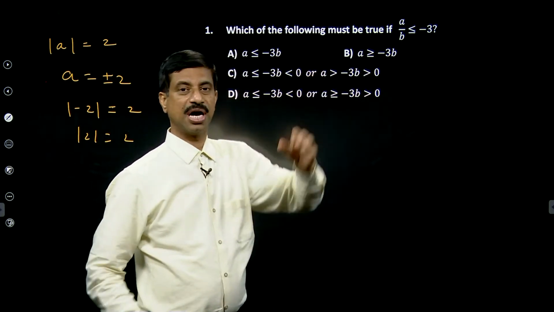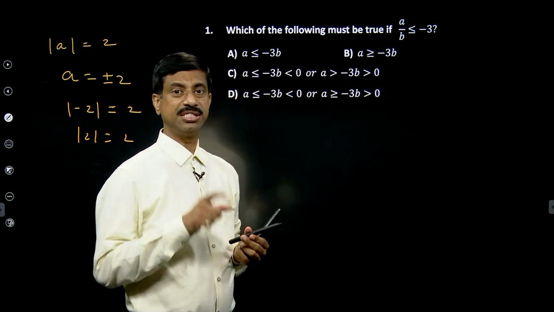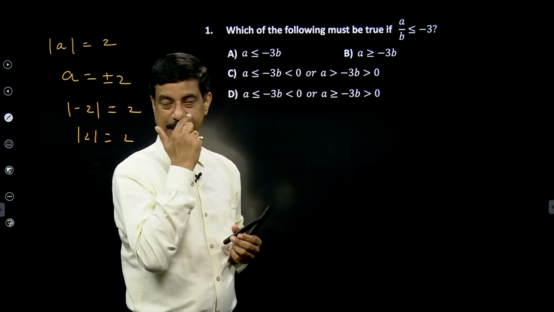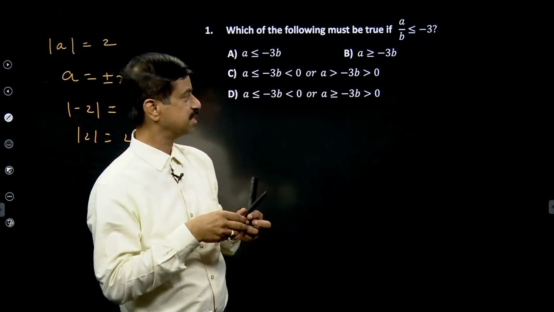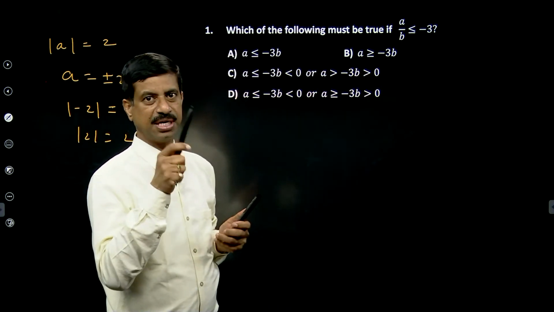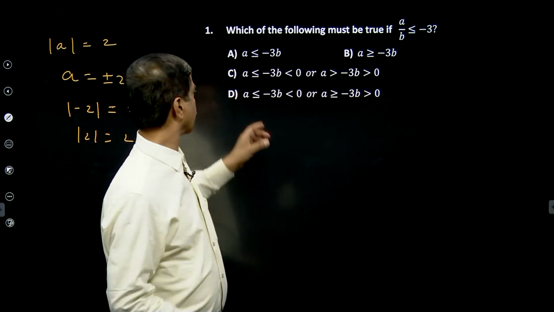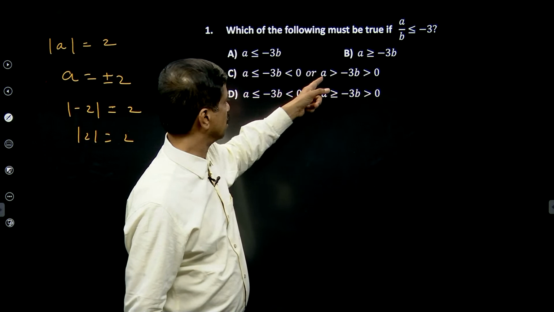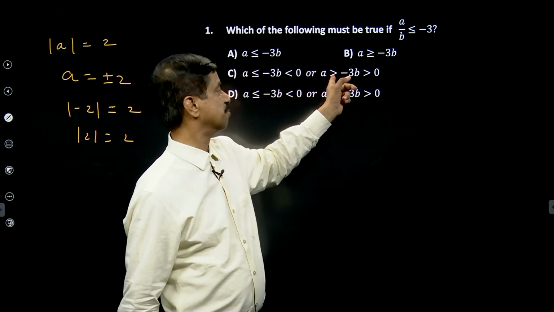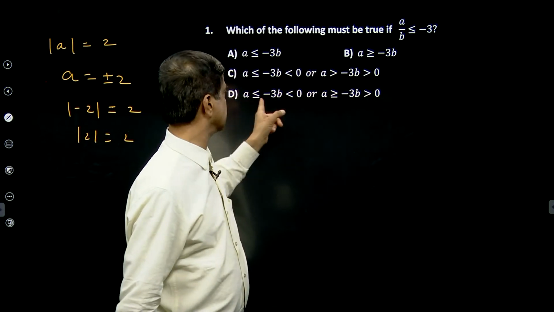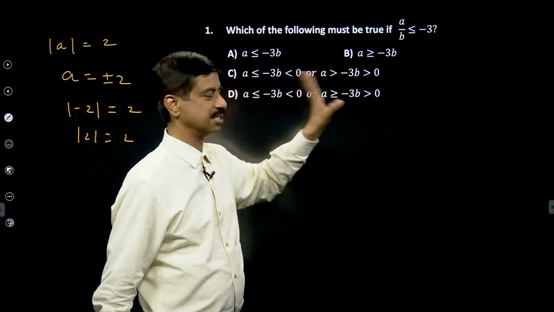I told you the other day, sign changes take place if plus becomes minus, minus becomes plus. Whenever sign change takes place, direction also changes. Option C: A is less than minus 3B, less than or equal to 0. Option D: A is greater than minus 3B, the equal to sign is not there. So, automatically this cannot be the answer. Now, these have equal to signs, so this could be the answer.